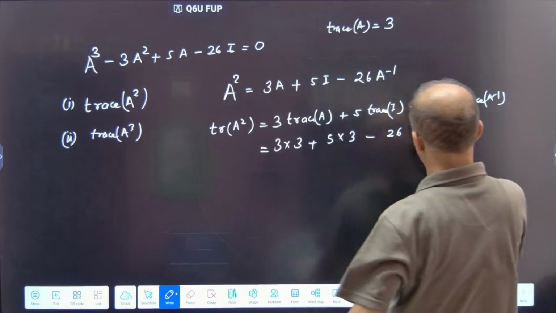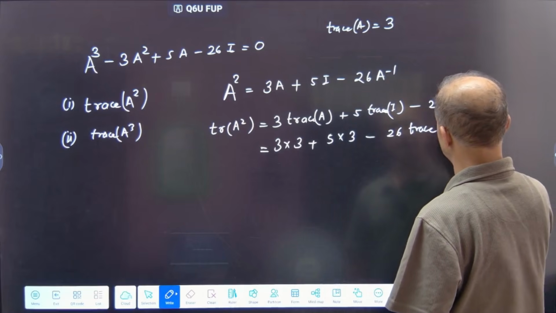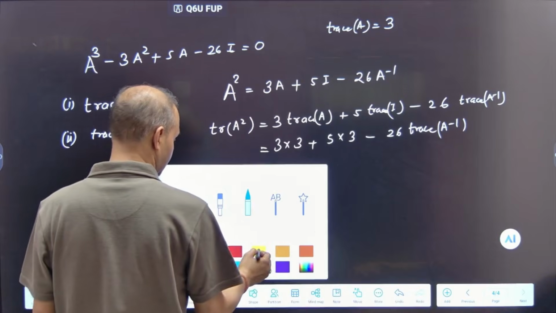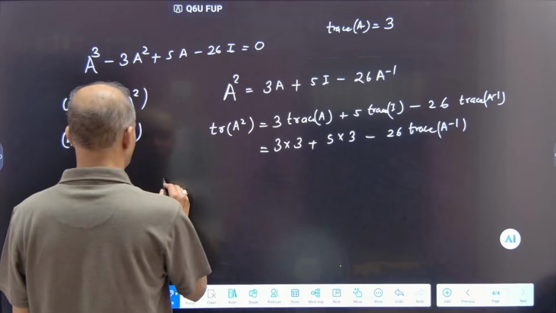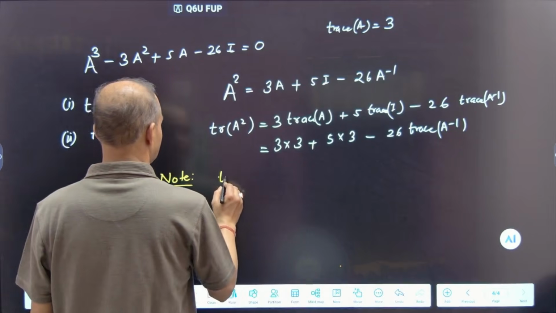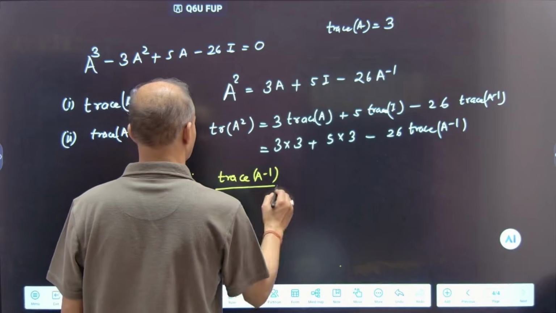Now the question is, how do we find the trace of any inverse matrix? So here there is one important note we can take care of. The note is this: the trace of A inverse, how do we find it?